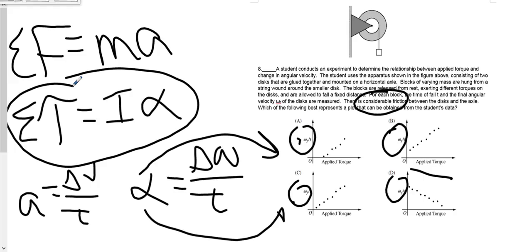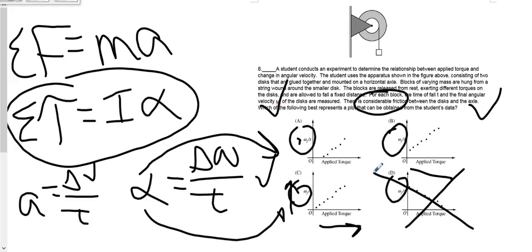So we know that if I increase the torque, then I'm going to increase the angular acceleration in a direct relationship, which means we have A, C, and B all showing that. This doesn't make any sense. If I increase the torque, I don't get less acceleration.